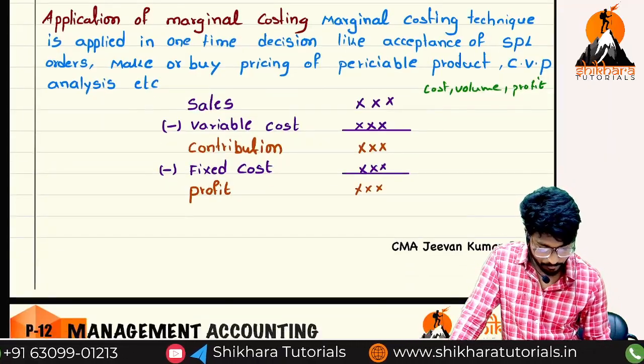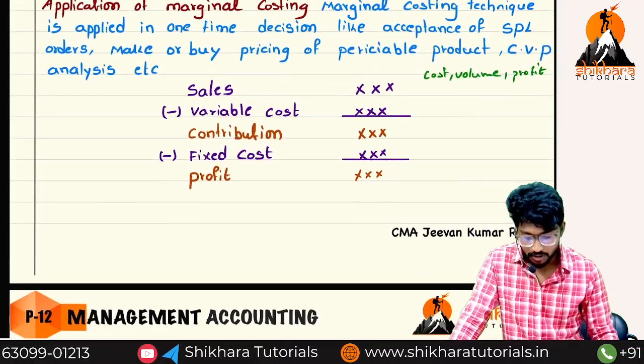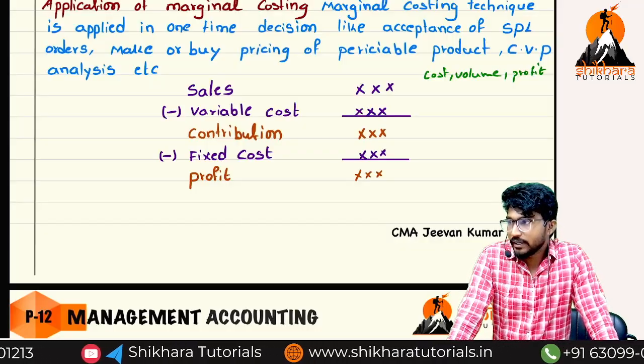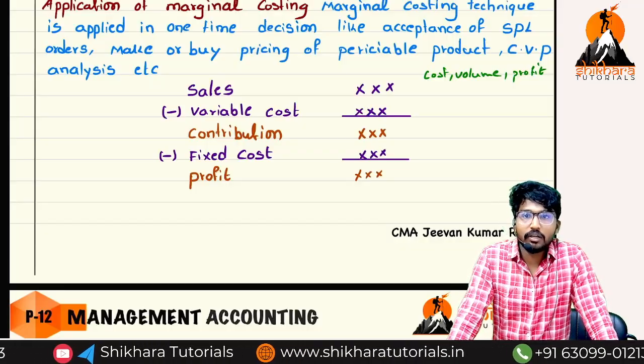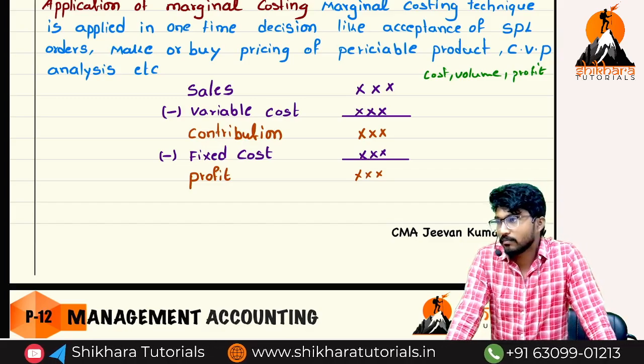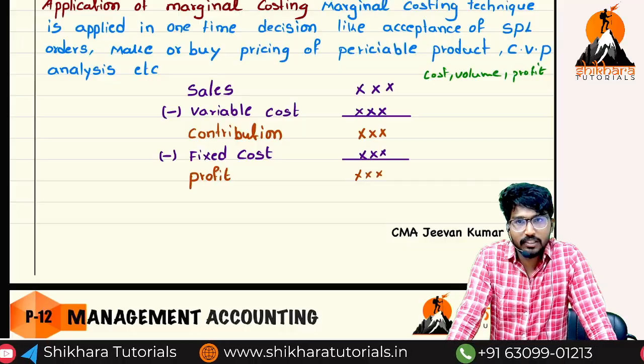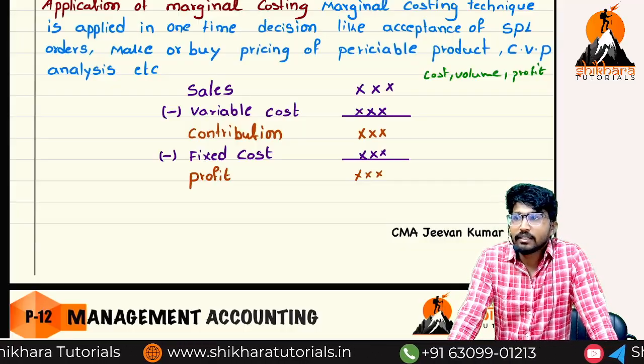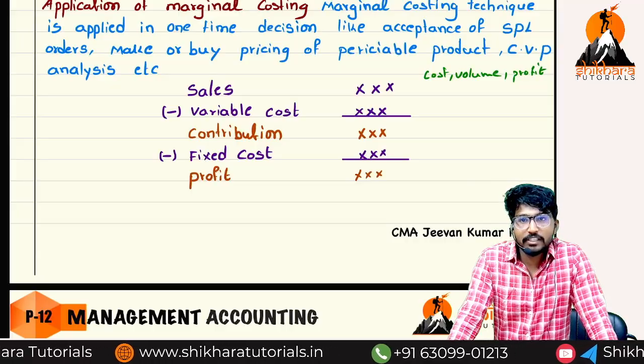So marginal costing techniques are applied in one-time decision making and short-term decision making. What about long-term decision making and continuous decision making? Are you guys completed with financial management?